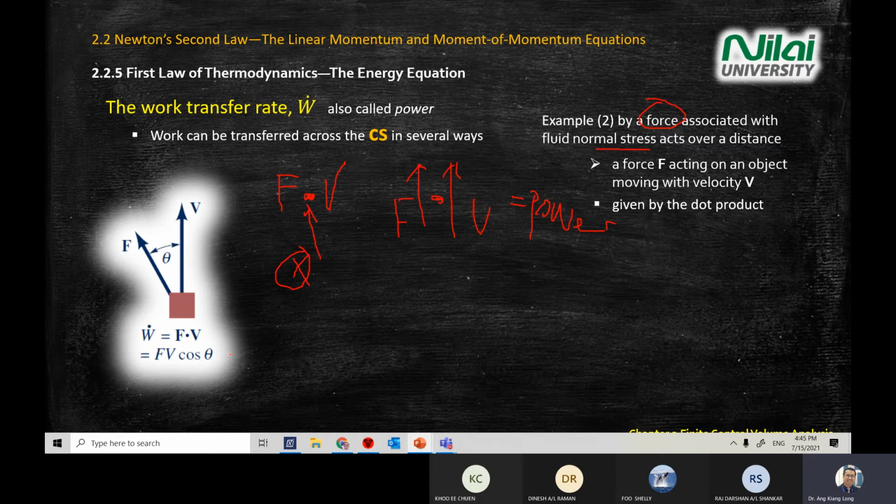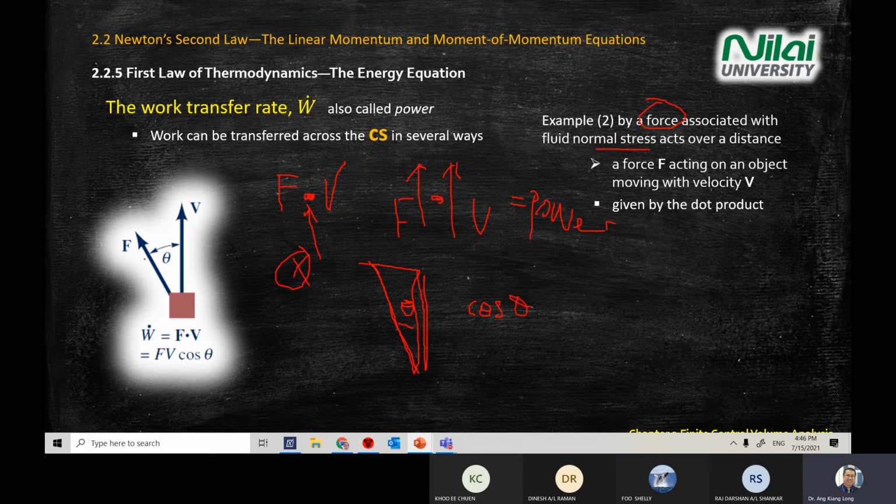So if you look at the diagram on the left-hand side of the screen, to make the arrow of the force parallel to the velocity, you use a trigonometry equation with theta. The one that relates here and here is cos theta.